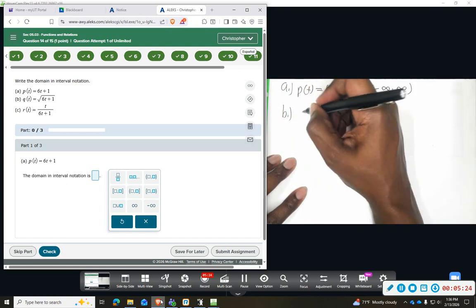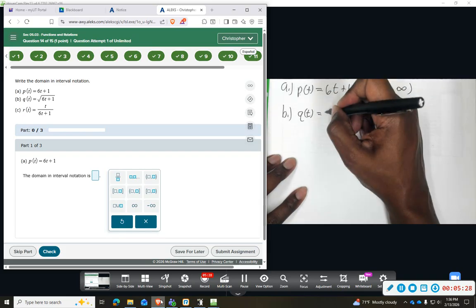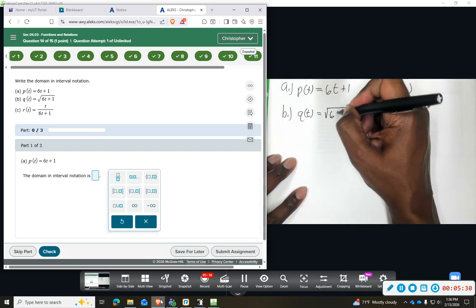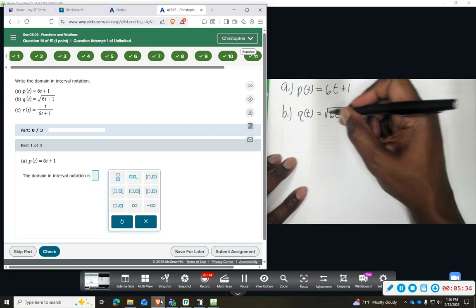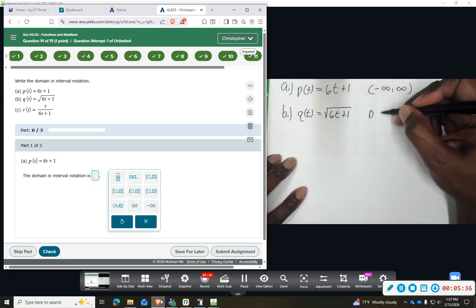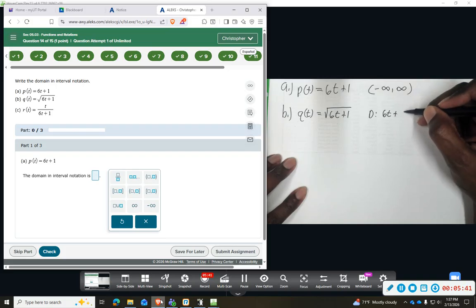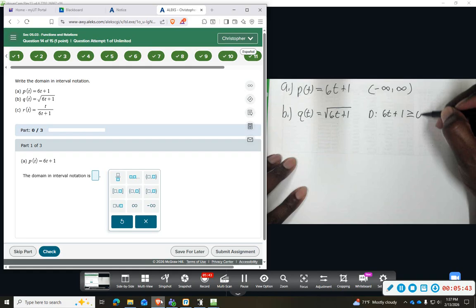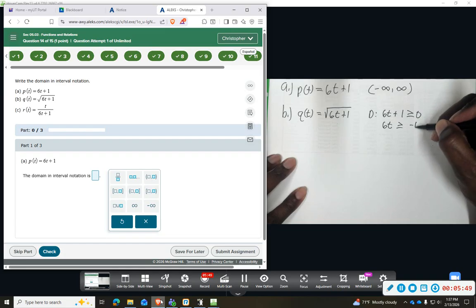We have q of t equals the square root of 6t plus 1. All right, so since we have an even root, our domain is going to be restricted. We take what's under the root. It has to be greater than or equal to 0. Subtract 1. Greater than or equal to negative 1.